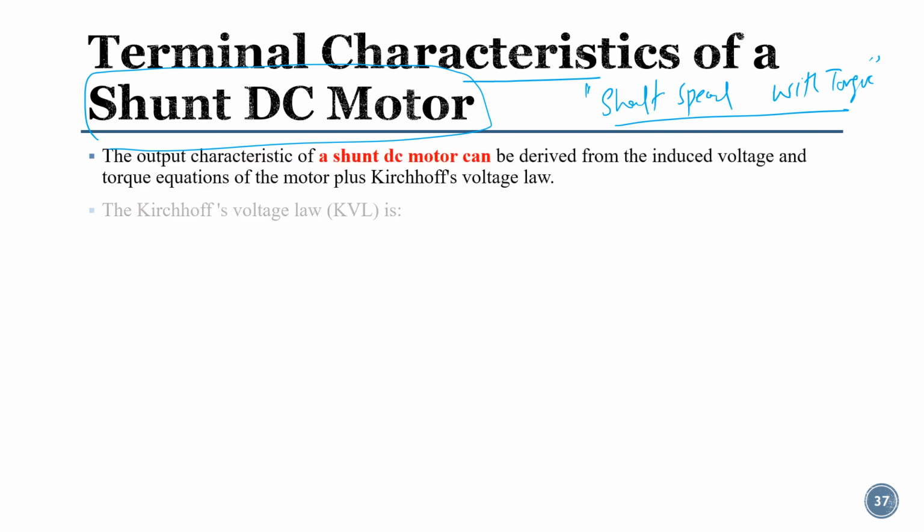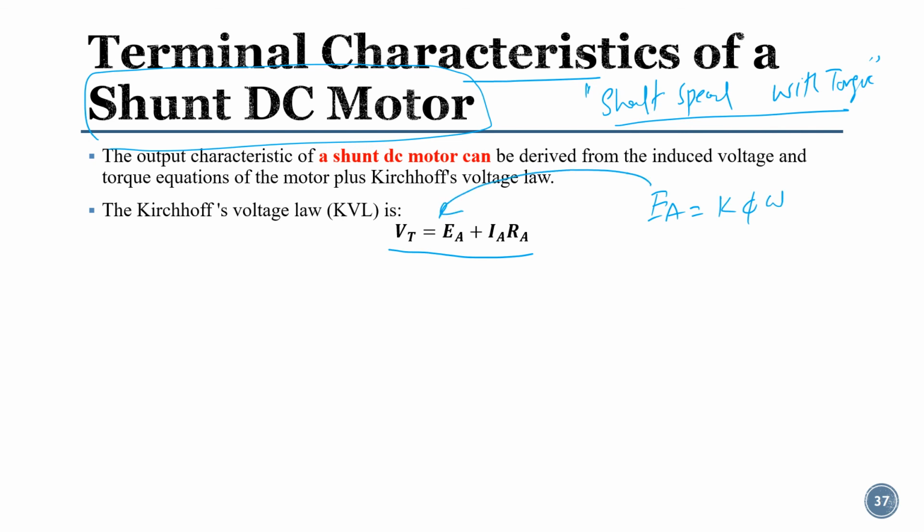We know that if we apply Kirchhoff's voltage law, we get this expression for both the series and the shunt DC motors, and I'm making some derivations. What was the Ea? Ea was K flux times omega. If we put this here, we get this equation. And what was the induced torque?